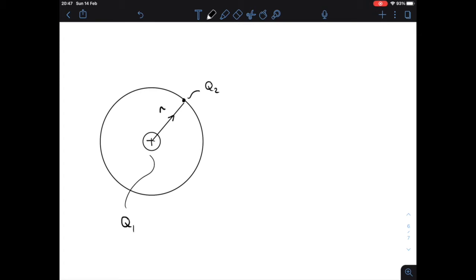Q2 is our electron, and therefore the potential energy of that electron will be the charge Q2 times the electrical potential at that location. Now that electrical potential is Q over 4 pi E naught R, and that's a positive potential because it's an electric field around a positive charge.